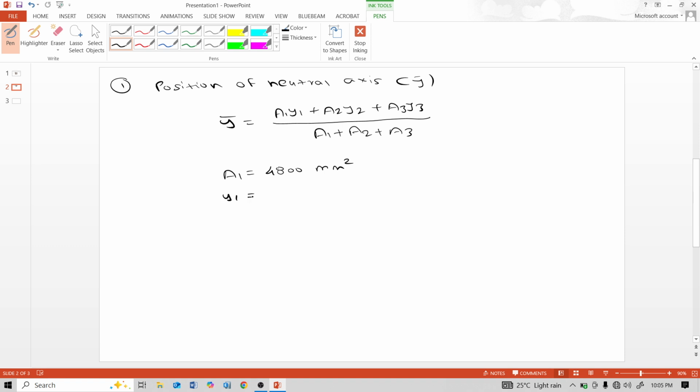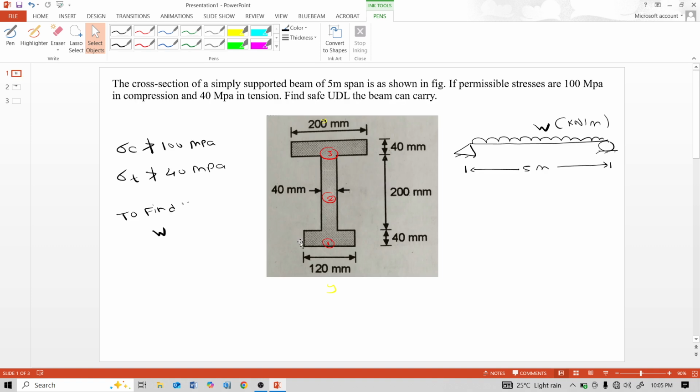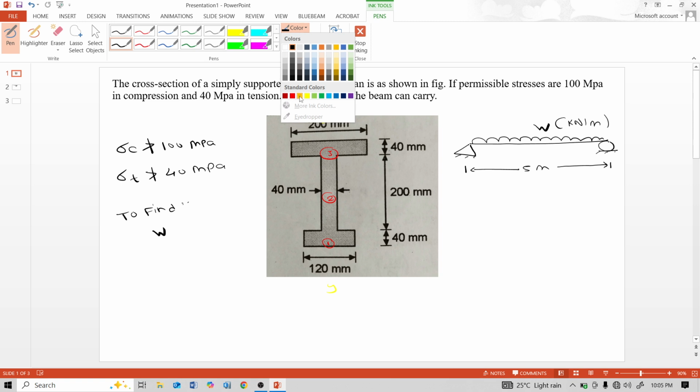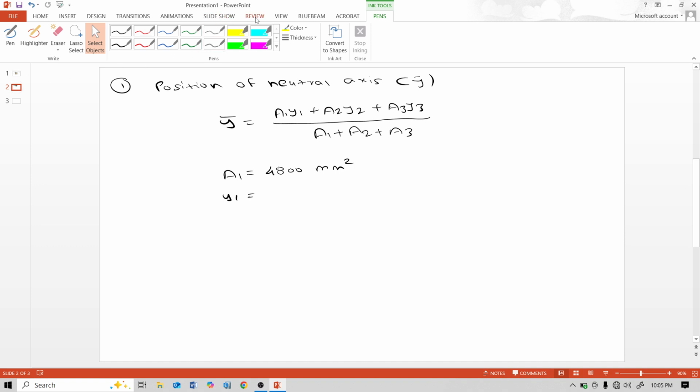Now y1 is the distance of the centroid of the bottom flange from the extreme bottom fiber. From the extreme bottom fiber to the centroid of the bottom flange, the distance is 40, the thickness, divided by 2, which is 20 mm, so y1 is 20 mm.